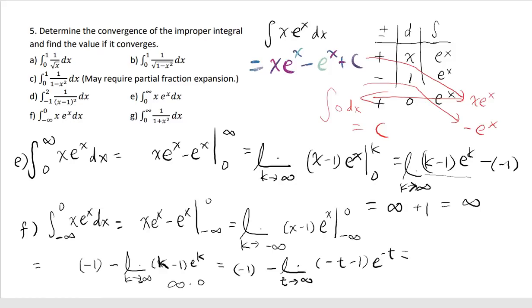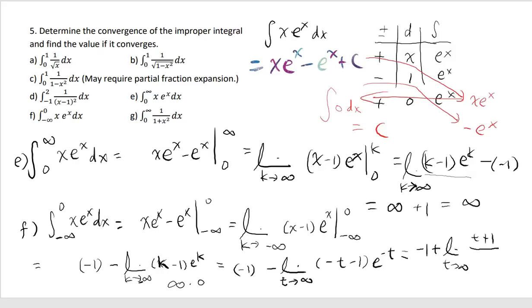Okay, so furthermore, we have negative 1. Multiply the negative inside, so that I have limit t going to infinity of t plus 1 instead of negative t minus 1.